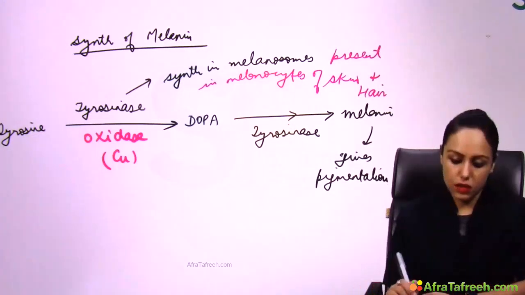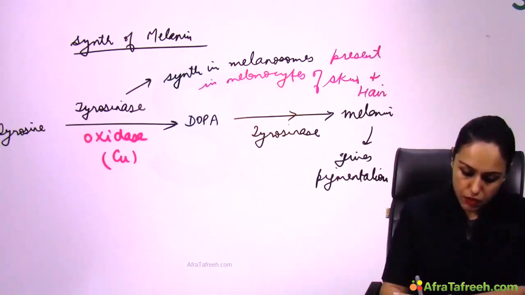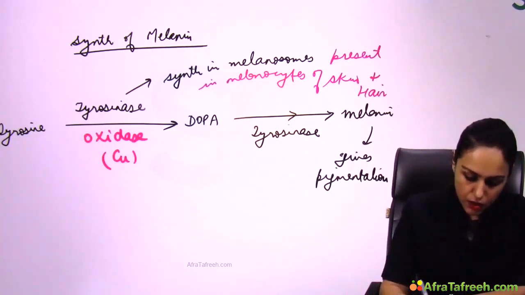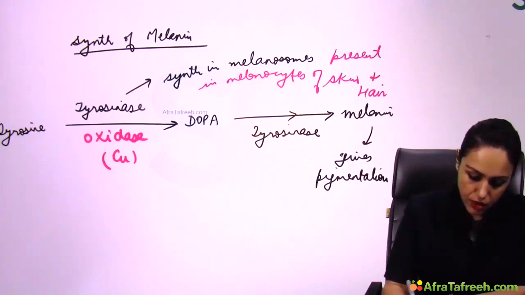This enzyme tyrosinase is synthesized in melanosomes, which are present in melanocytes of skin and hair.